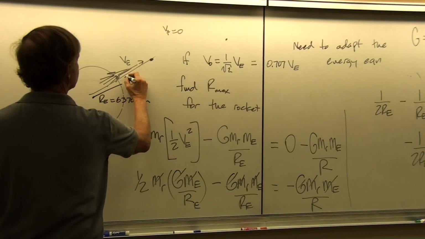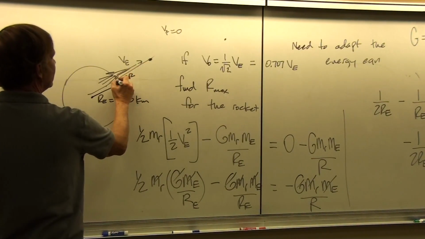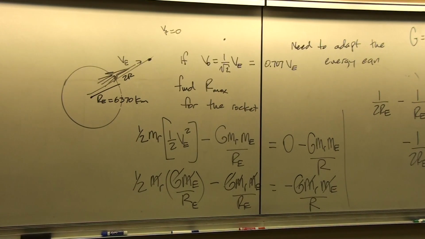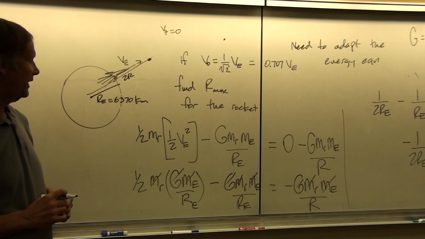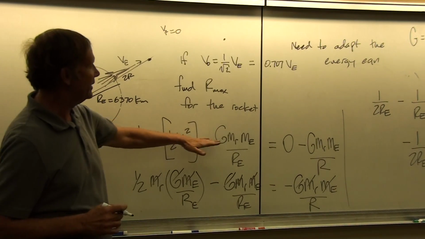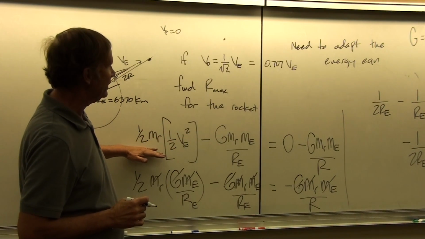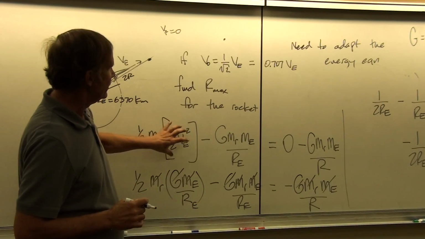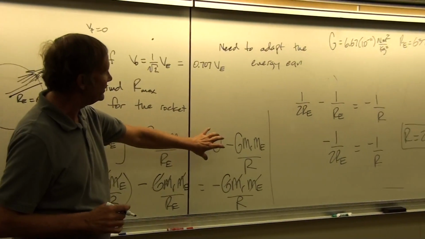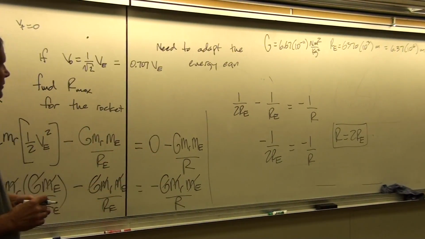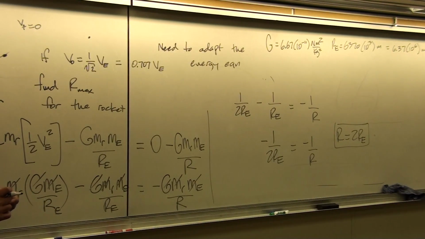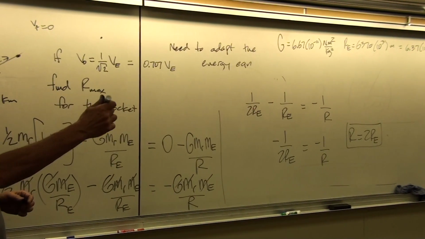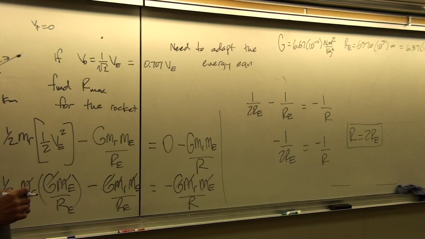Now if it's 2r away from the center, then that means that it's 1 Earth radius above the surface. And so that would be the way to handle a problem like this, if we were given what the initial velocity was and we wanted the maximum distance that the object was able to reach before running out of kinetic energy.